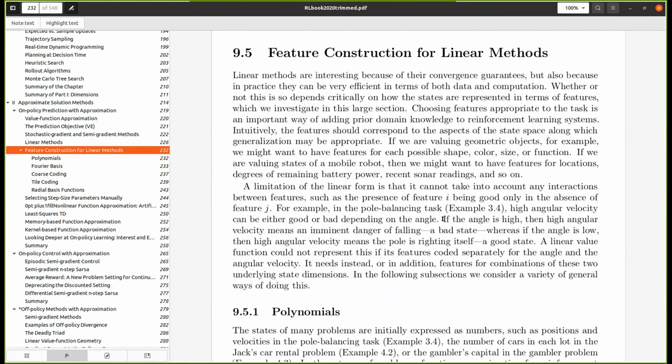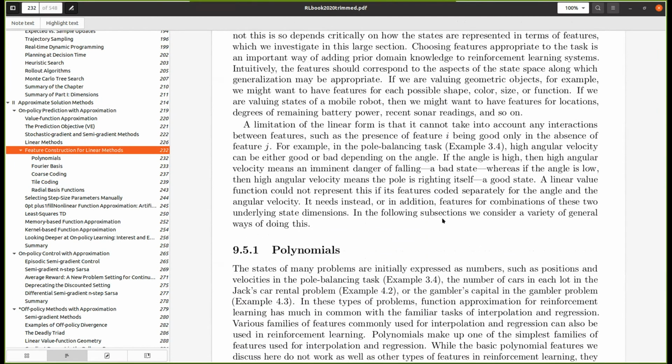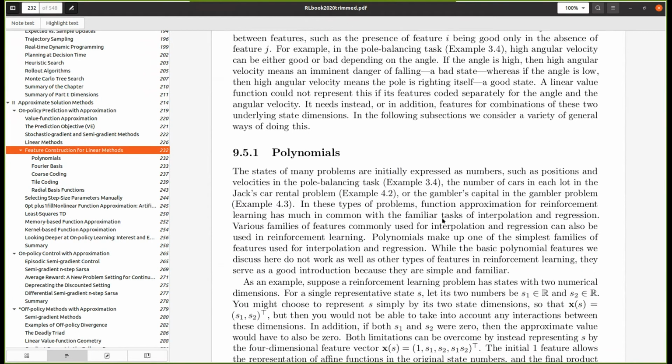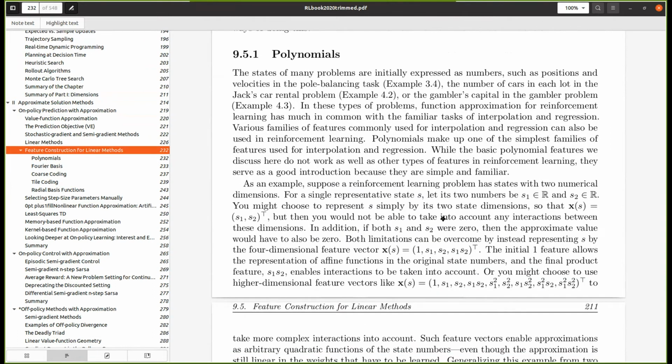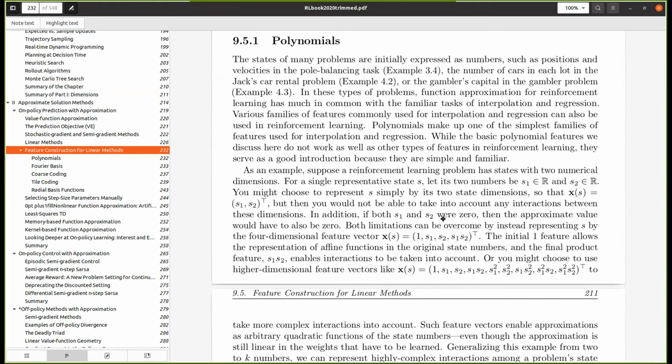And here we consider different choices for feature extraction. This will be related a lot to classical machine learning.